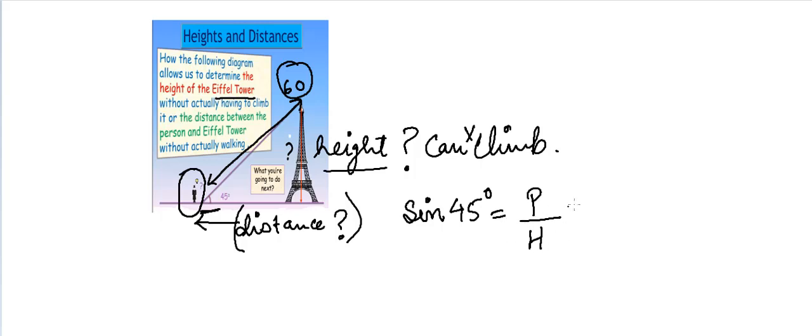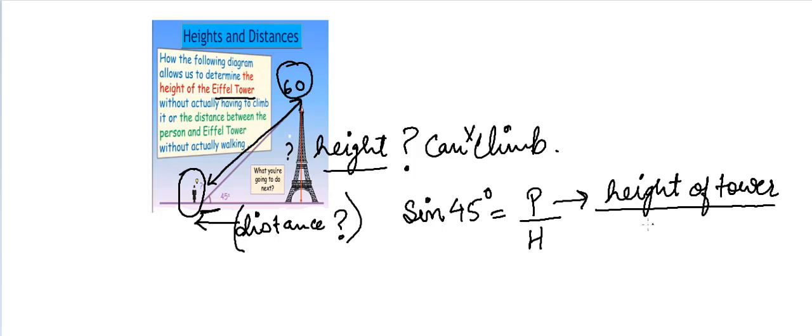You know this thing. This perpendicular is actually the height of the Eiffel Tower in this question, and this hypotenuse is given to you as 60 meters.